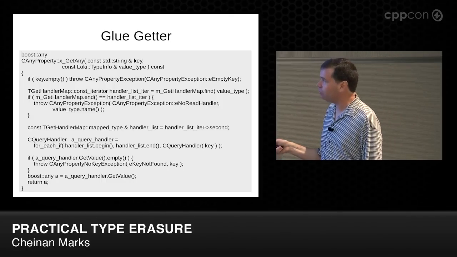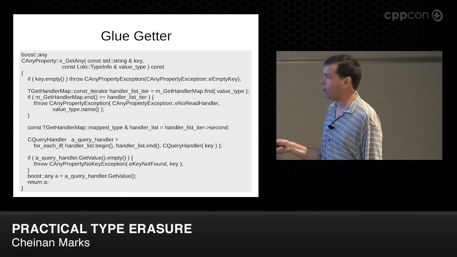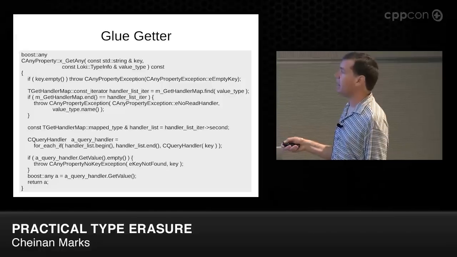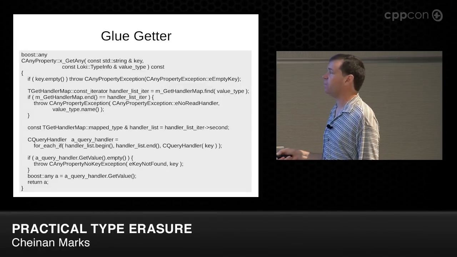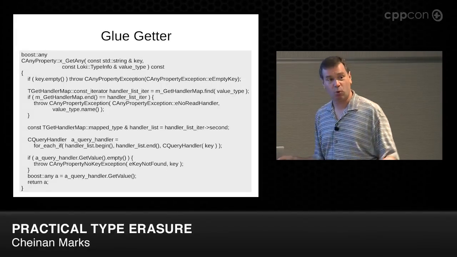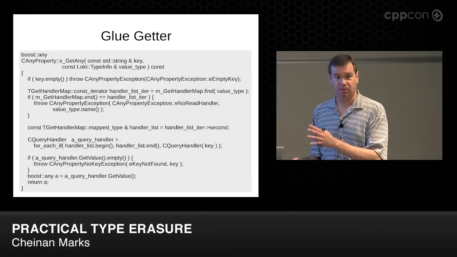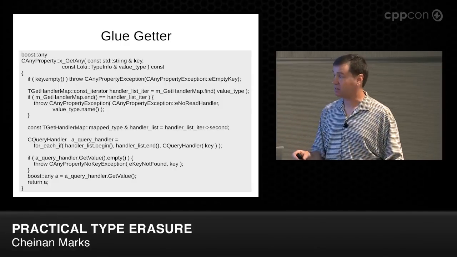Okay, so we found the vector of handlers for this thing, and we're going to grab it, and that's going to be right here in the handler list. This is the list of all the handlers. And then we are going to call for_each_if on this list and query each handler in turn for the key. We're going to say, hey, handler number 1, do you have this key? And if it says yes, we'll get it.